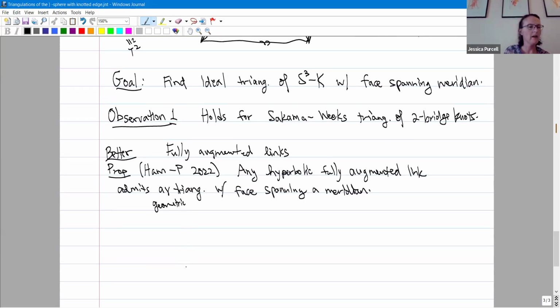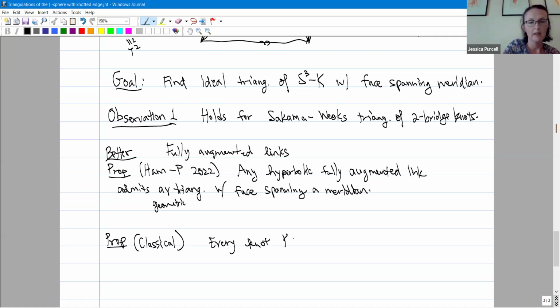So let me tell you what a fully augmented link is. Actually, let me do it by way of another proposition, which is, I guess, kind of classical, maybe going back to work of Thurston or so. For every knot K in the three sphere, S3 minus K is obtained by Dehn filling a fully augmented link.